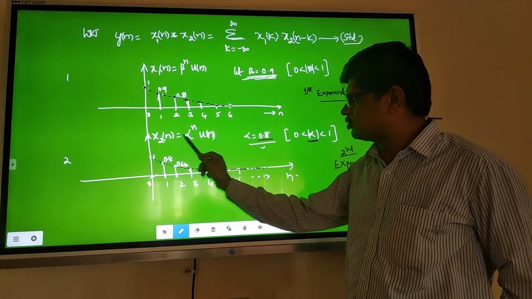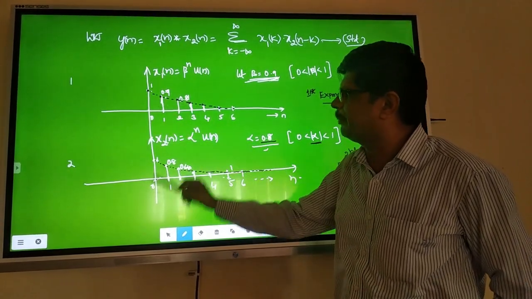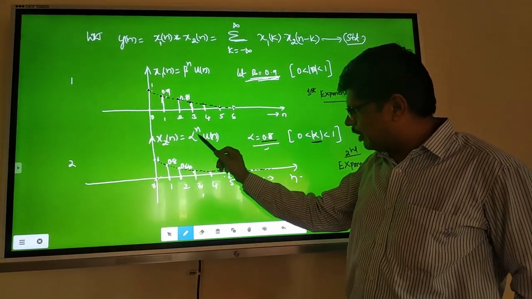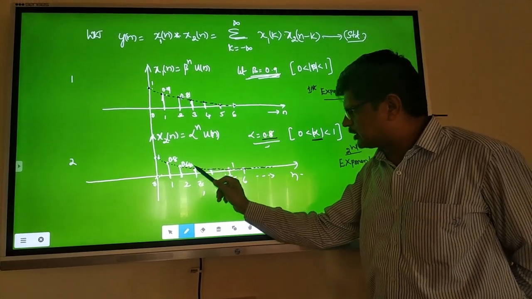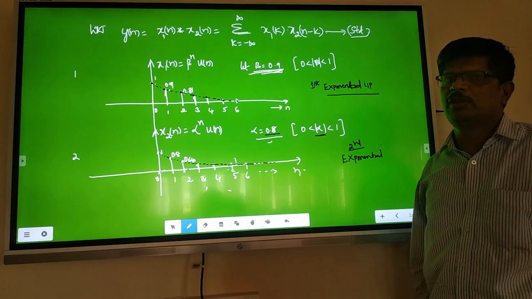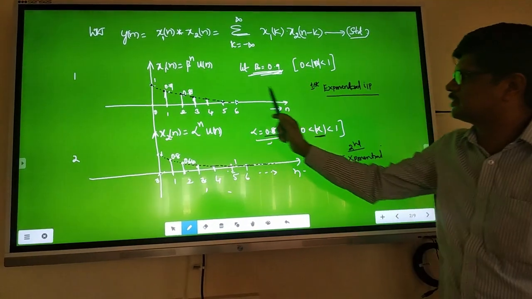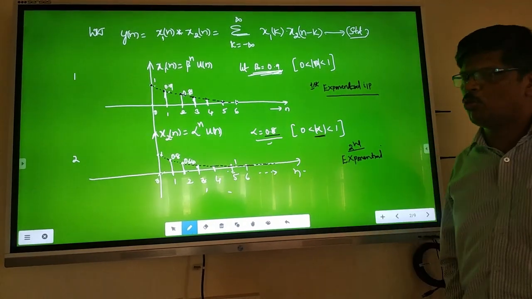Now at 0, x2[0] is equal to 0.8 to the power 0, which is 1. At 0 it is 1. Both are the same. At 1, 0.8 to the power 1 is 0.8 and u[1] is 1. Then 0.64 for the next one. Like that it is decreasing. You will get the first two graphs, x1[n] versus n and x2[n] versus n. Both are exponentially decreasing.